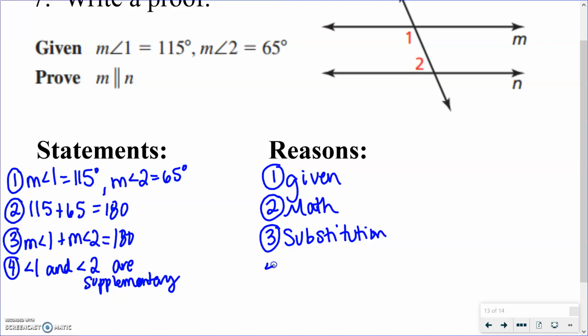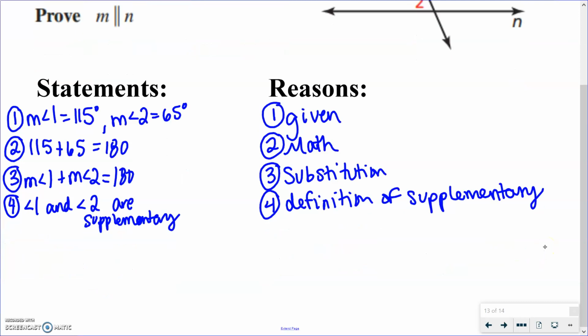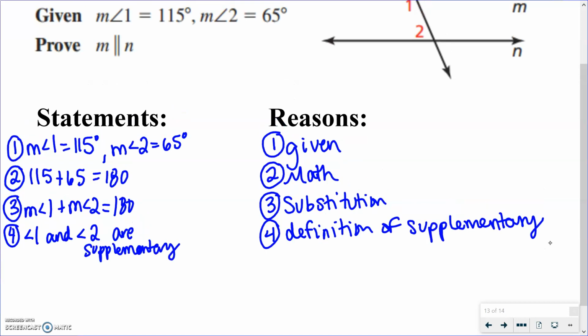My reason for that statement is going to be the definition of supplementary, because I know that if two angles add up to 180, they're supplementary.